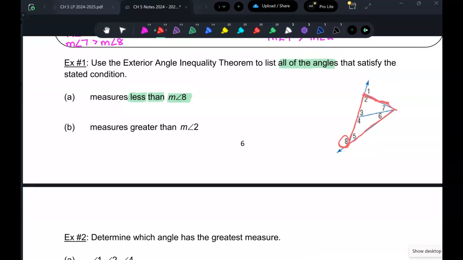Okay, let's just look at, can we compare it to angle 5? No. 2 and 7. So angle 2, angle 7, and let's look at the little triangle, 4 and 6. Good.